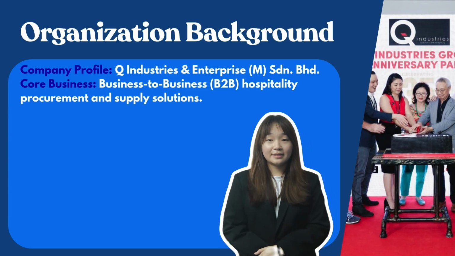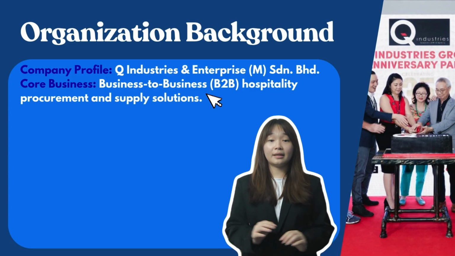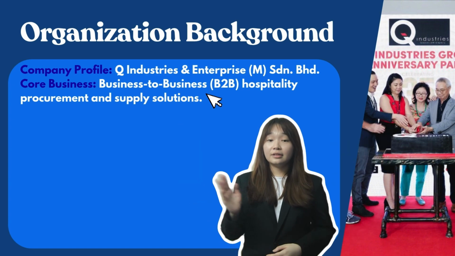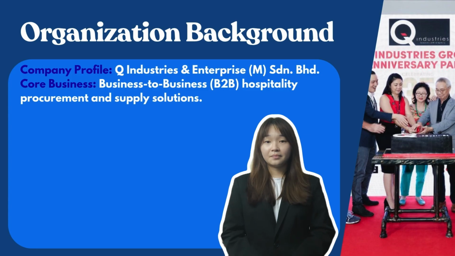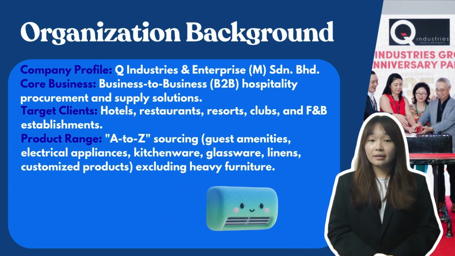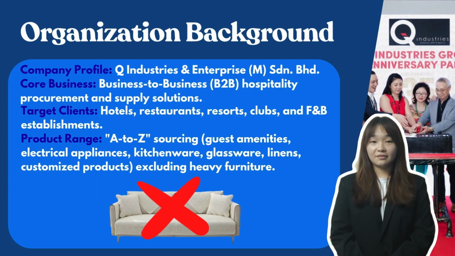Q Industry Enterprise and Sediam Berhad is a business-to-business hospitality procurement and supply solution provider, serving hotel, resort, restaurant and other food and beverage establishments across Malaysia. The company offers a comprehensive sourcing service covering hospitality supply, electrical appliance, kitchenware and customized products, excluding only heavy furniture.